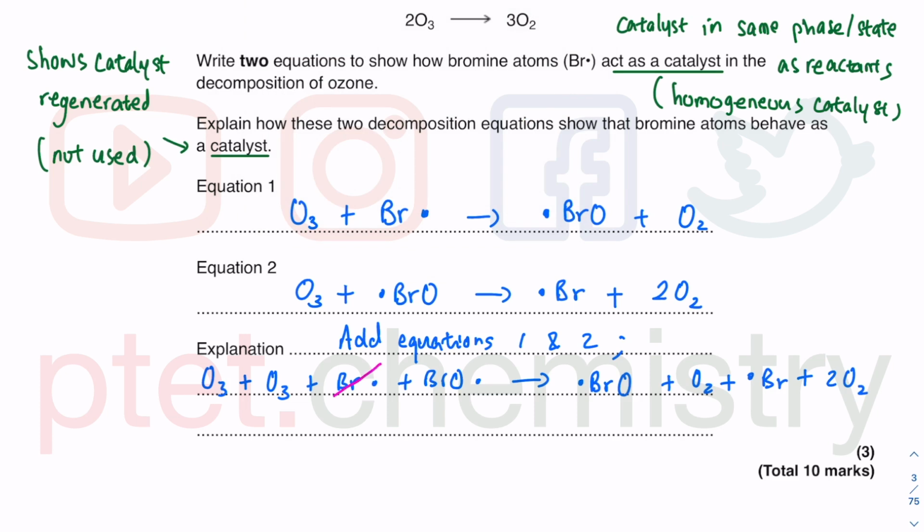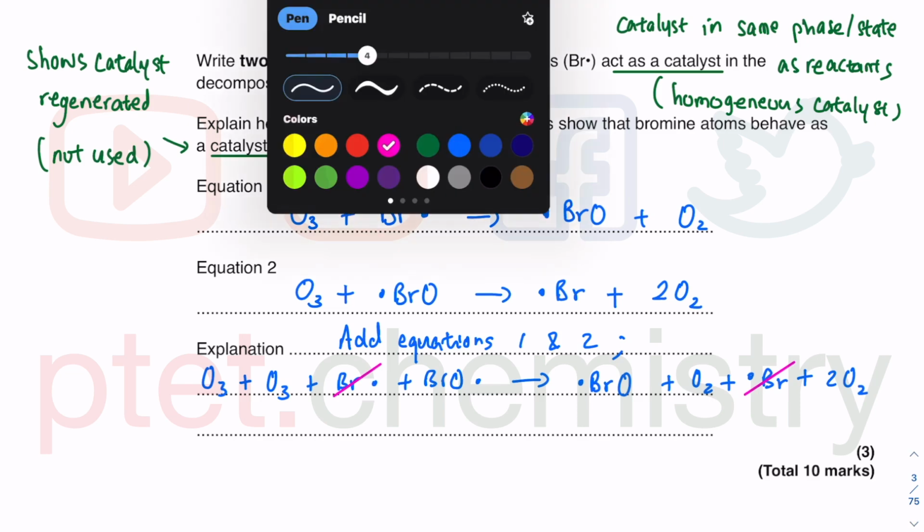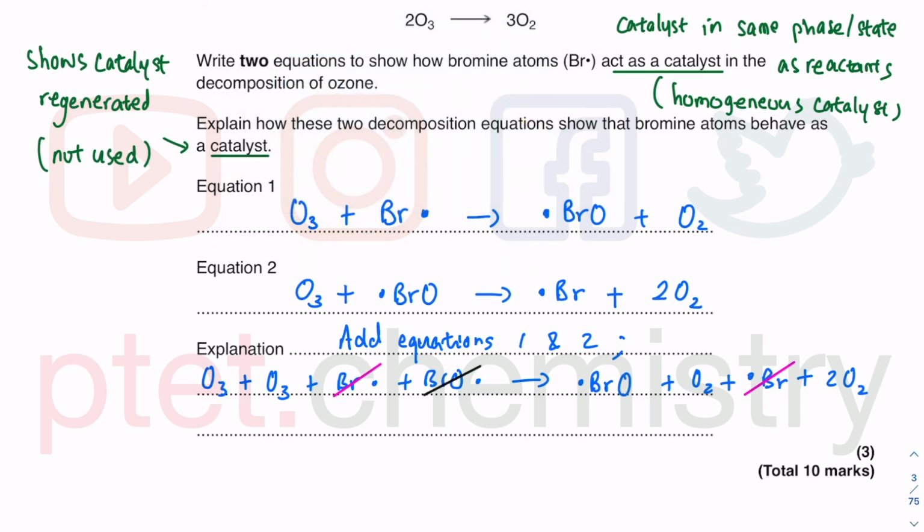So the Br dot appears once on the left and once on the right side as well. Now we can look at the BrO dot and the BrO dot. They also appear once and twice. 2O3, because this comes down to 2O3. And what does this form? Well, you have got the O2 and 2O2. That's going to give you 3O2.